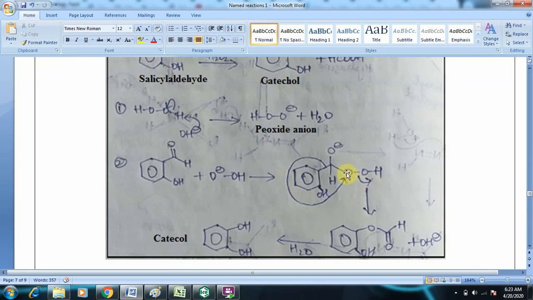Immediately, when the oxygen loses its bonding pair of electrons, there is a rearrangement reaction. The bond between this carbon, the electron deficient carbon in the previous step, and the benzene ring cleaves, and along with the bonding pair of electrons, it migrates to the electron deficient oxygen.